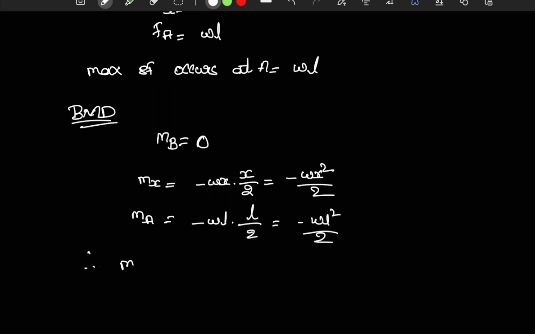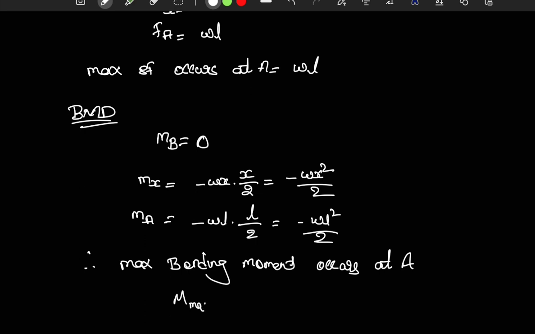Therefore, maximum bending moment occurs at A. Max is equal to MA is equal to minus WL square by 2.